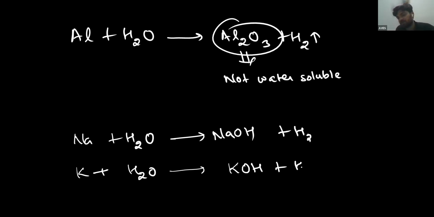It means even if you place sodium in ice, it will react with water and produce hydrogen gas. And the reaction is so exothermic, dear students, you need to understand, that the heat liberated during this reaction is so large that the hydrogen gas catches fire.